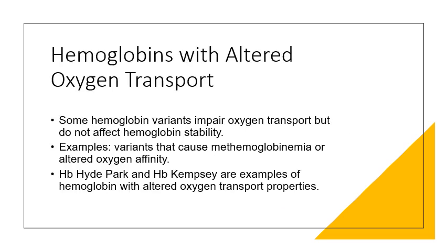Certain hemoglobin variants impact oxygen transport without compromising hemoglobin stability. For example, Hb Hyde Park leads to methemoglobinemia, while Hb Kempsey locks hemoglobin in a high oxygen affinity state, affecting oxygen delivery to tissues.